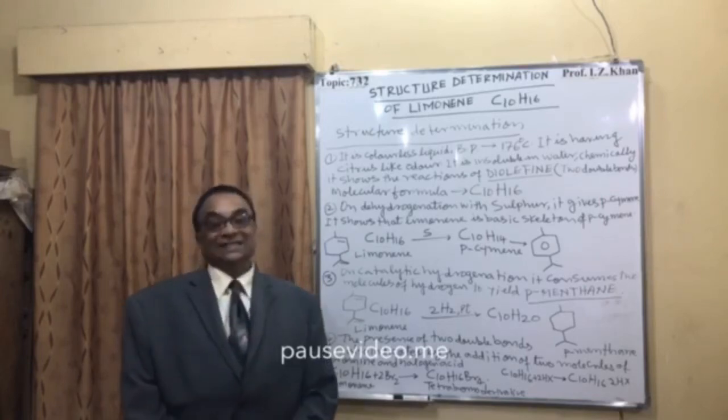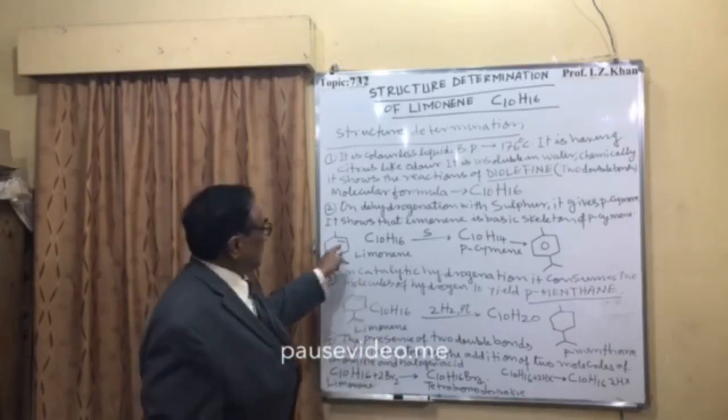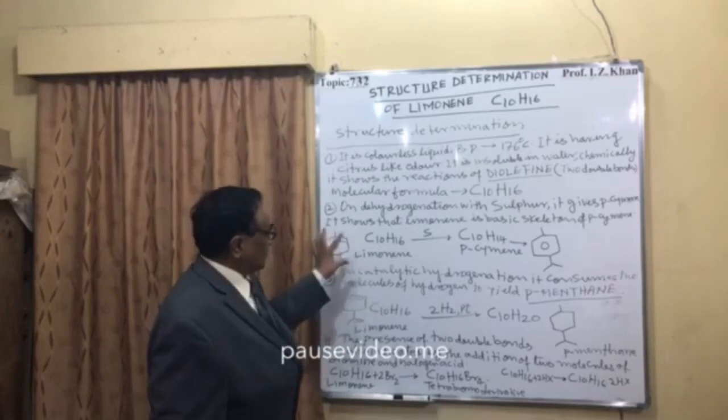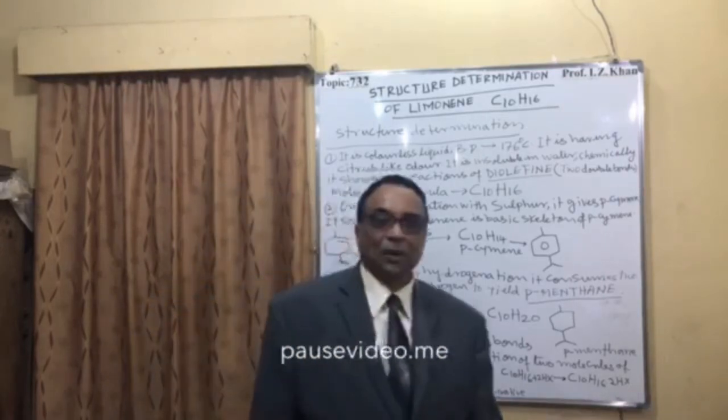Now we are going to discuss how these 2 double bonds are arranged, whether they are like this or like this or like this. So we have to fix the position of the 2 double bonds in limonene.